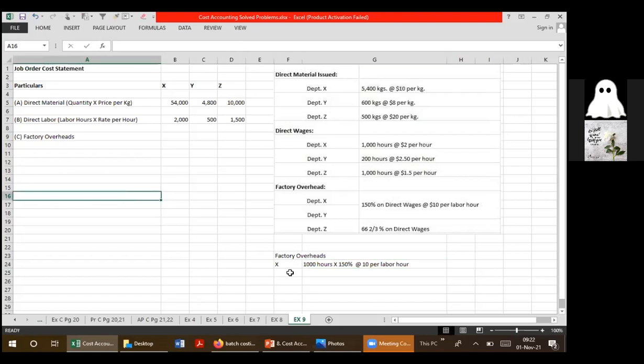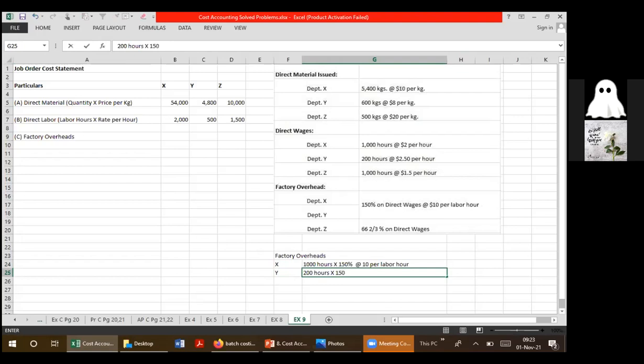The Department Y will have the same thing: 200 hours times 150% at the rate of 10 per labor hour.